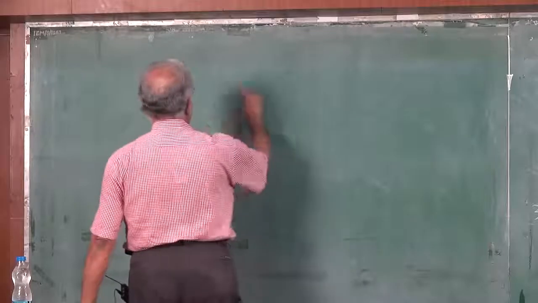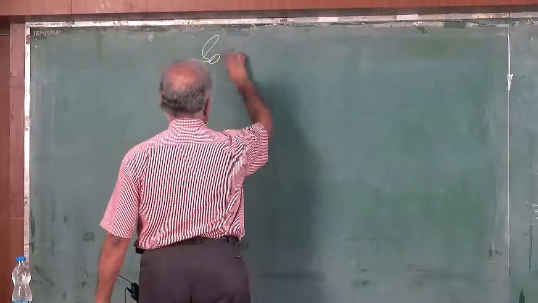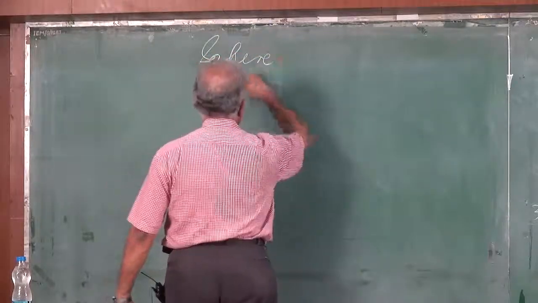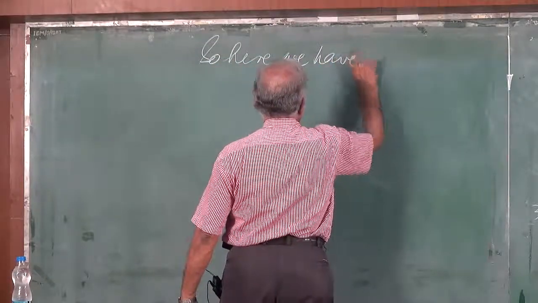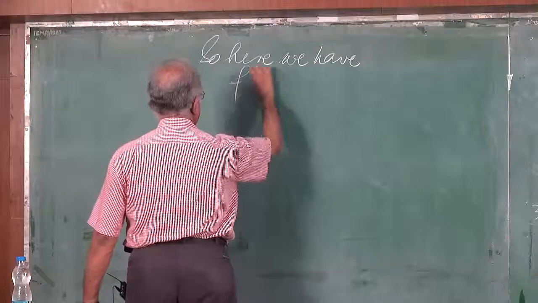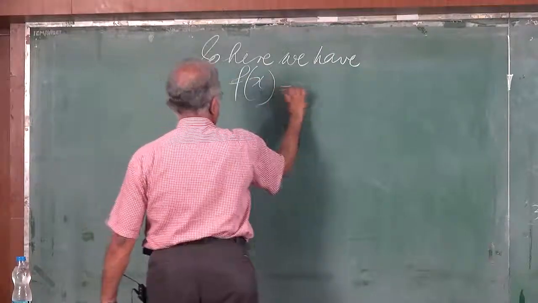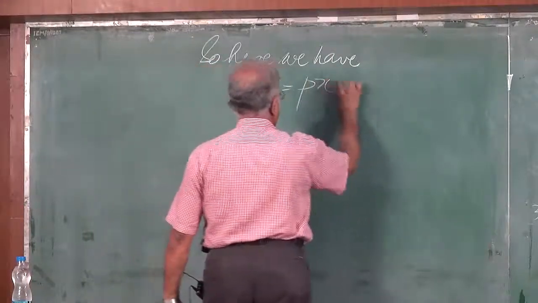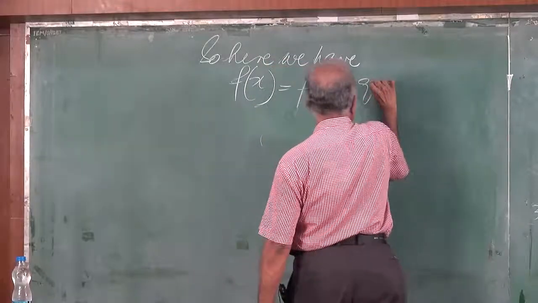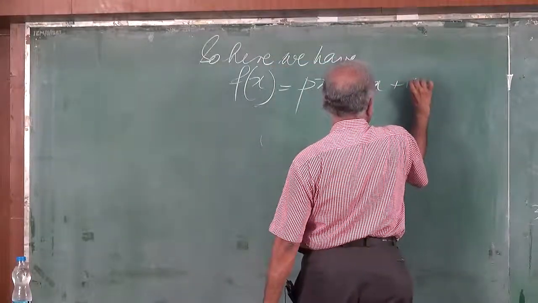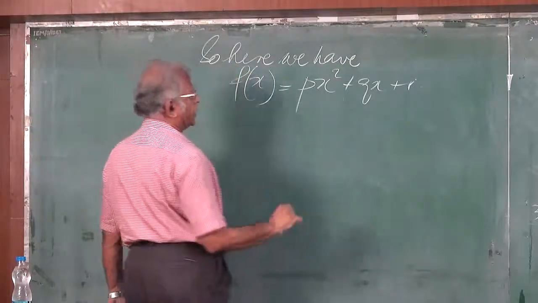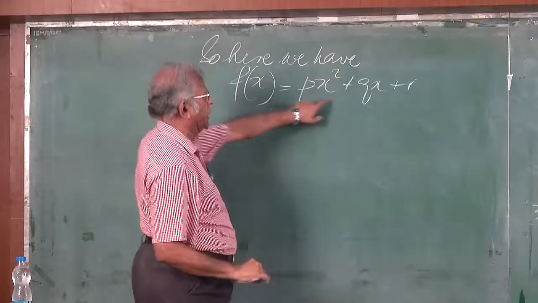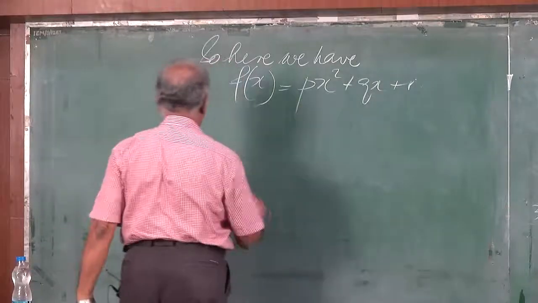So here we have f(x) is equal to px square plus qx plus r. This obviously means that f dash x is 2px plus q, but we'll come to that later.